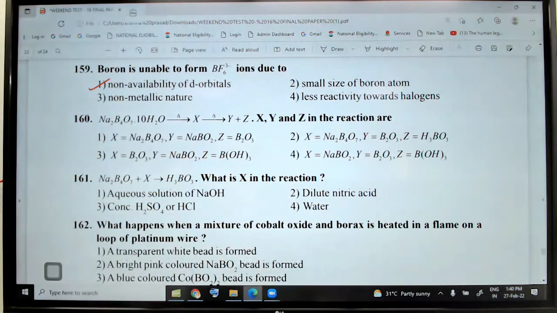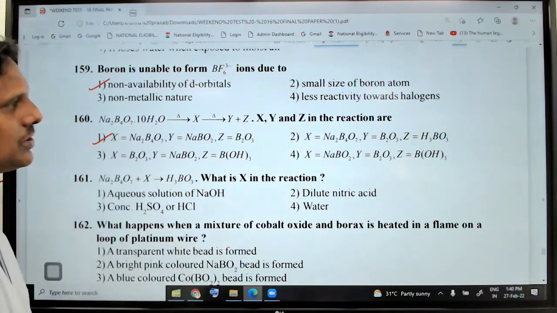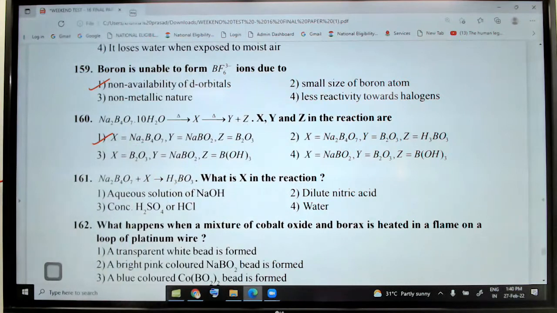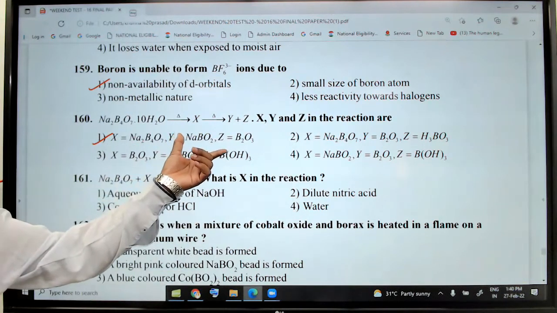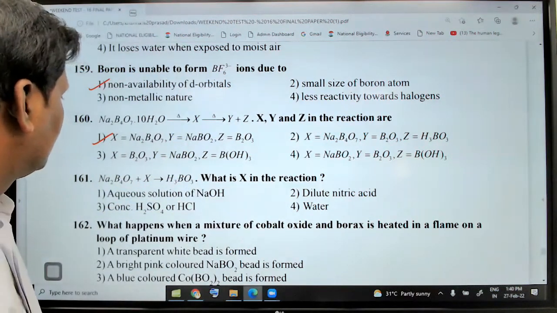First, 10 water molecules are eliminated, X is nothing but Na2B4O7. This is the first option. The borax bead test has equations. This is nothing but borax glass, sodium metaborate plus B2O3, nothing but borax glass.